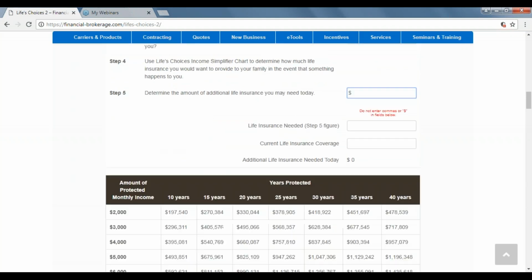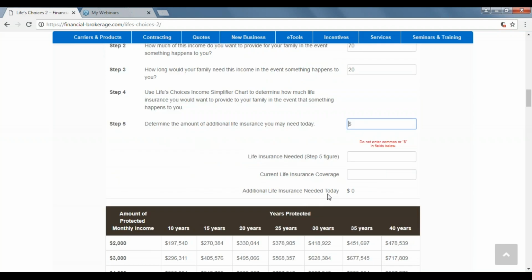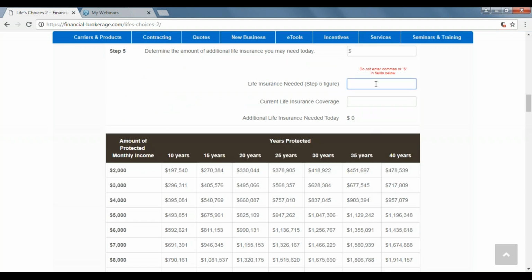We need 70% of that. So we really need 7,000 a month for 20 years. And we can look at this chart right here, and it's going to tell us we need 1.155 million. So I'm going to plug that in right here. 1,155,153.